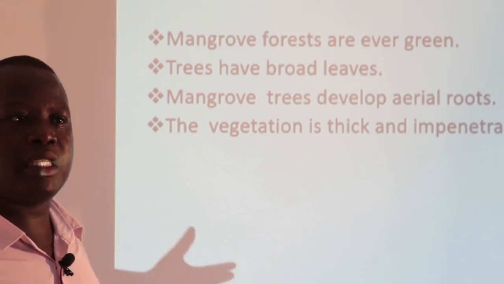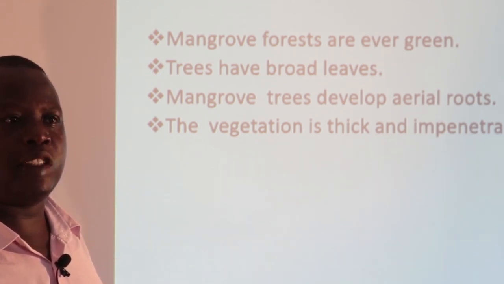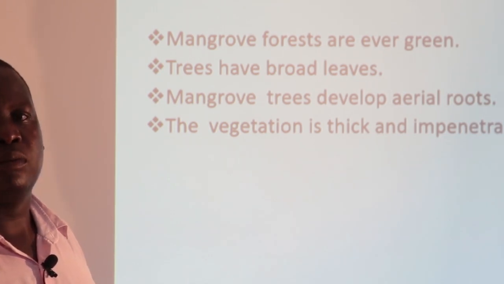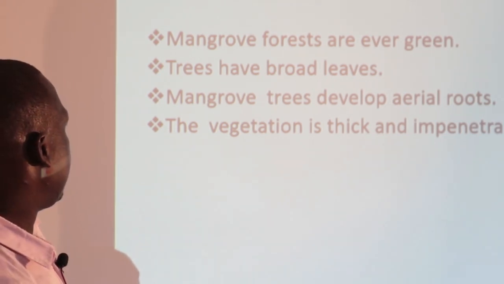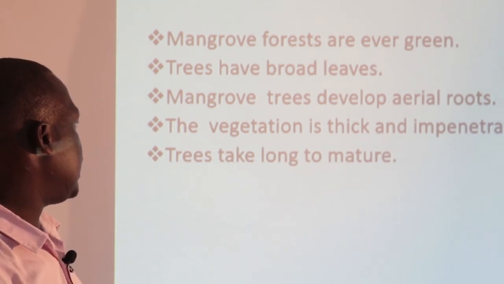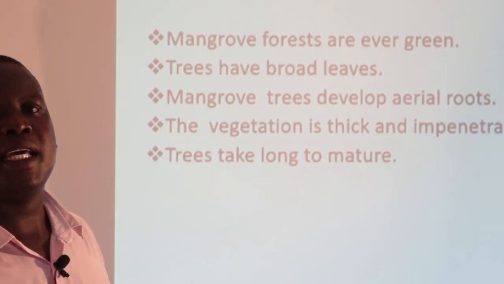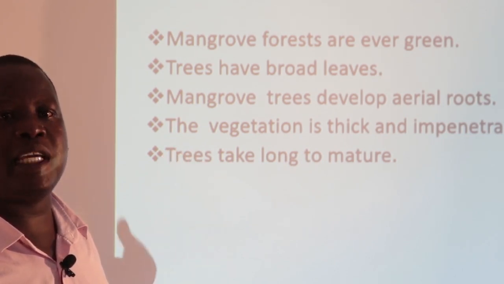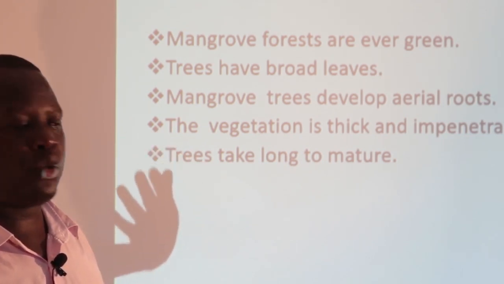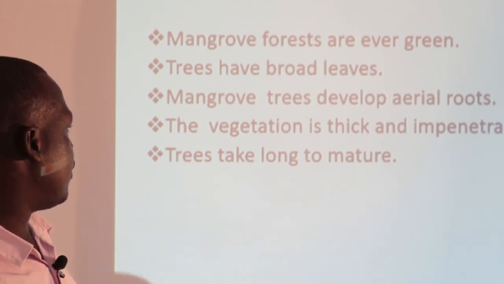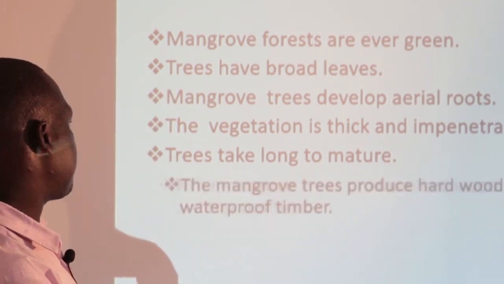Actually, the forest becomes thick and it is not easy to go through that area. We also say trees take long to mature because they have enough water, so they grow and take long to mature.